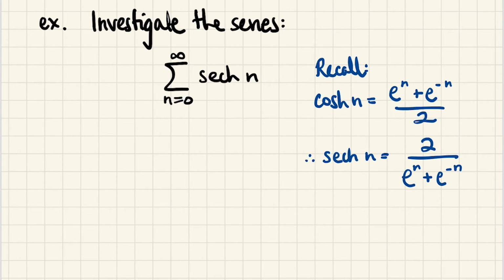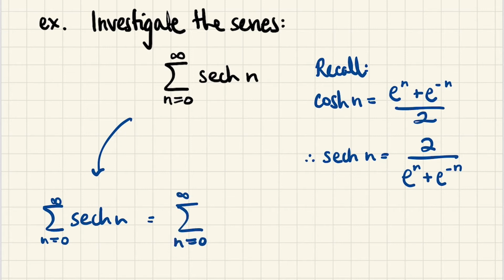So sech would be 2 over that thing, which means we can go right to our problem and write it as 2 over e to the n plus e to the negative n. And now figure out what to do with this thing.